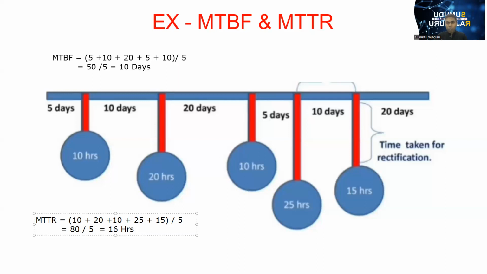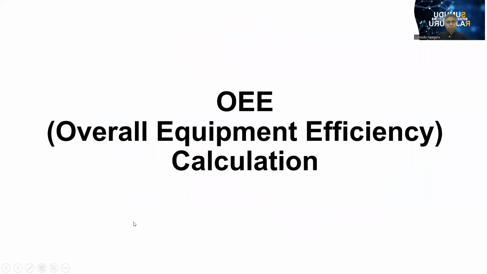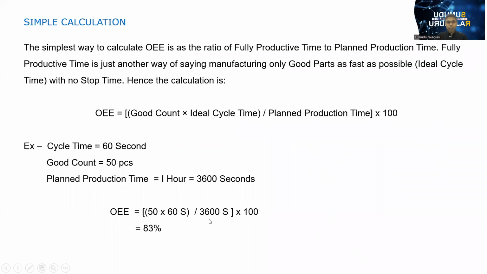Right. Now I am moving to the OEE calculation. What is meant by OEE? Already I have mentioned previously, overall equipment efficiency. When we calculate overall equipment efficiency, this is the basic equation. The simplest way to calculate the OEE is as the ratio of fully productive time to planned productive time. So what is the simple equation?